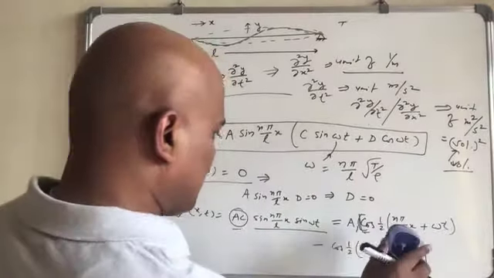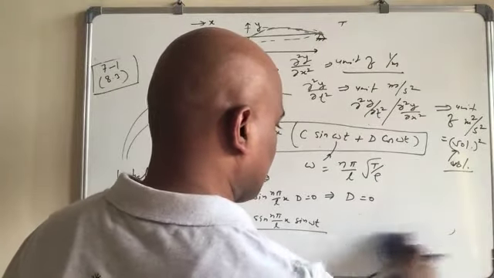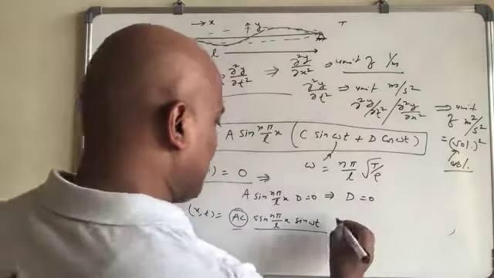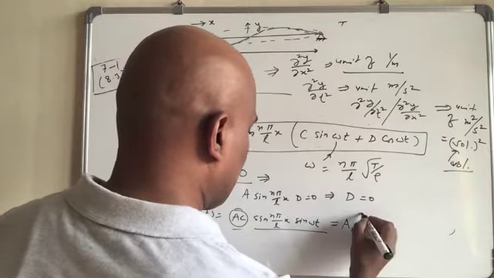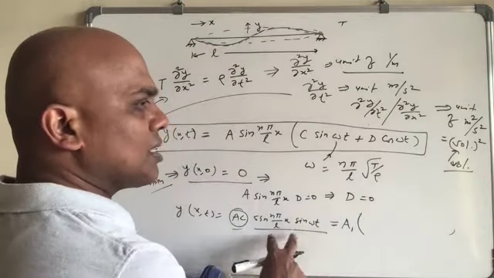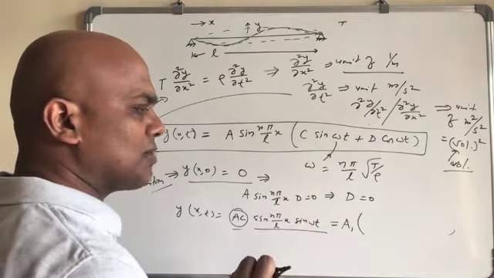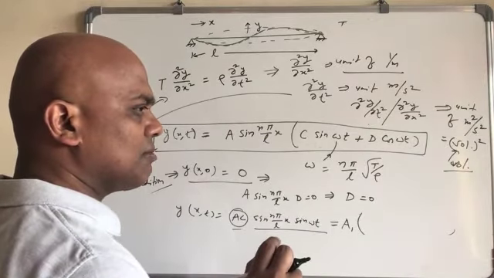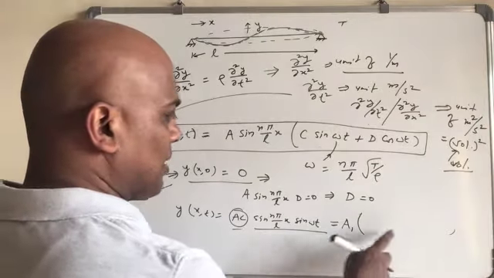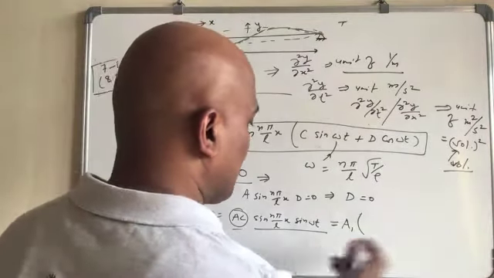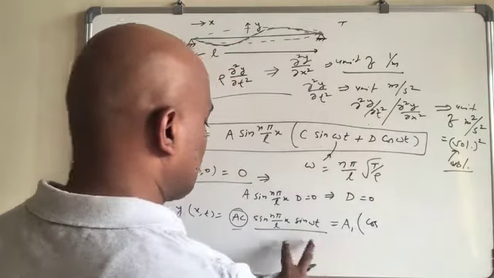Sorry, it looks like this one is wrong, so I think it should be another way. Let's call it a1 here, and since this is sine, cos(a minus b) becomes cos a cos b plus sine a sine b. So the minus term will come first, and there will not be any half there.